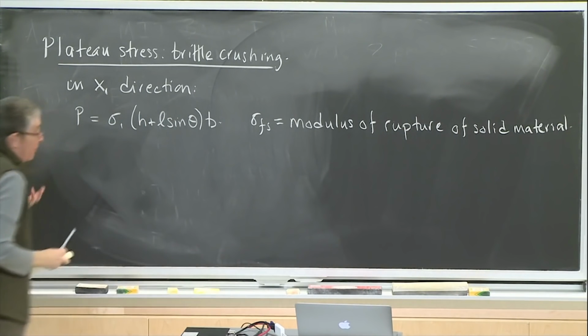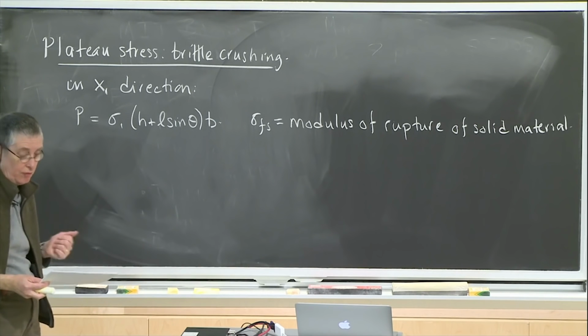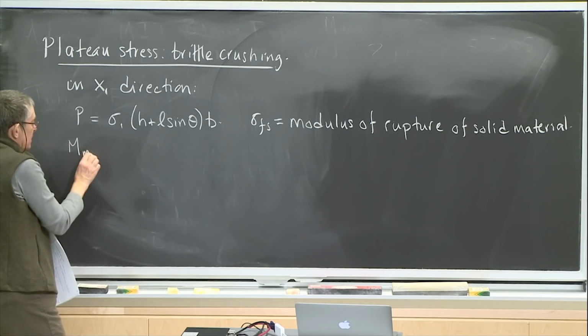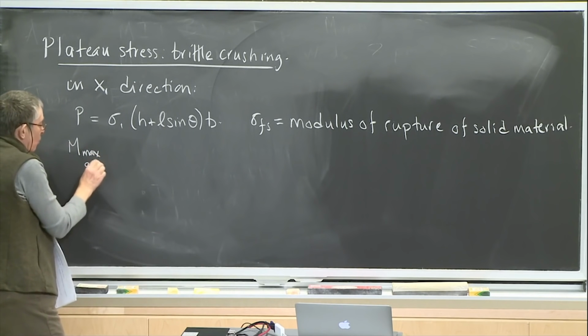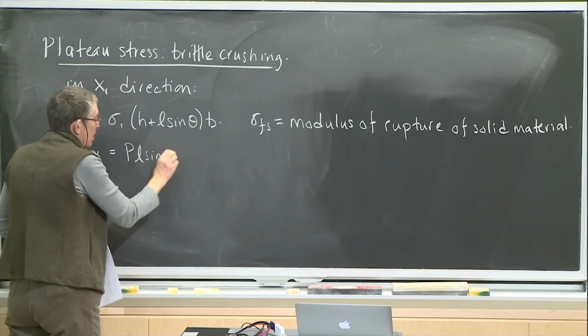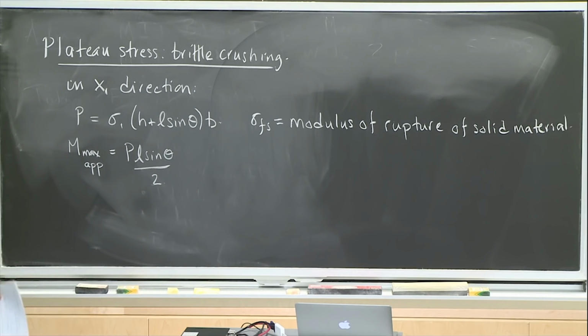And we're going to say that we get fracture of that bent wall when the applied moment is equal to the fracture moment. So from the plastic collapse stress from last time, we had that the applied moment was equal to P times L sine theta over 2. That was just using static equilibrium, looking at that free body diagram of the beam.